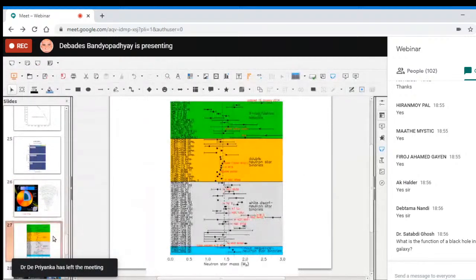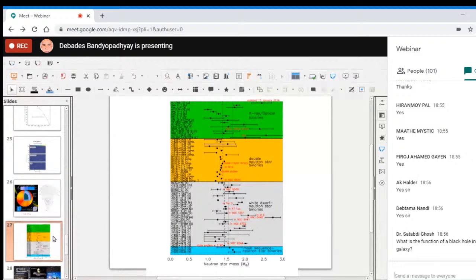And this shows all the masses observed until 2014. We have so far discovered neutron stars, of the order of 3000, and in most cases we could measure these masses very accurately.